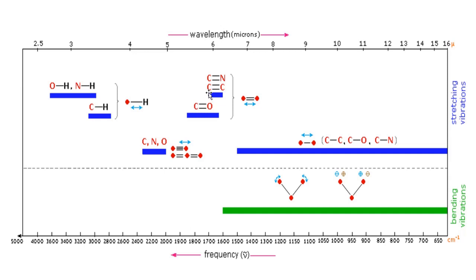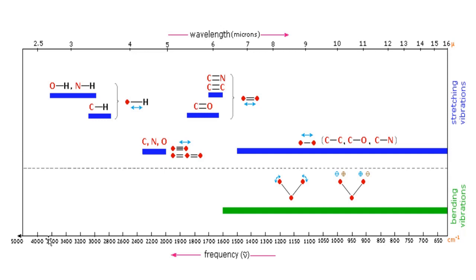Similarly, you can see the C double bond C stretch and C double bond N stretch usually taking place in the absorption range of around 1600 to 1680 centimeter inverse.